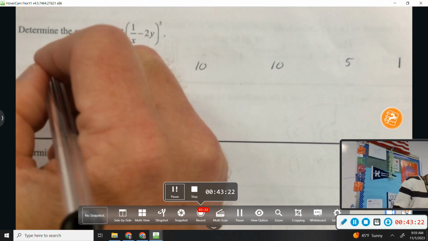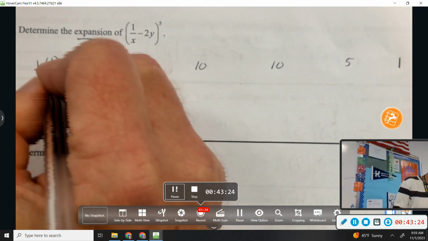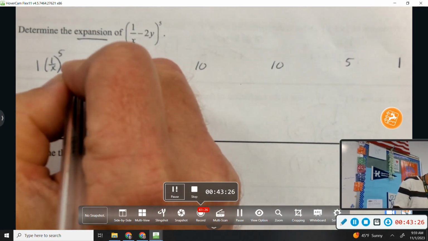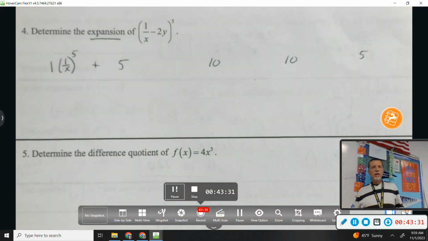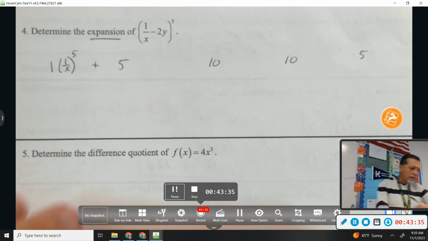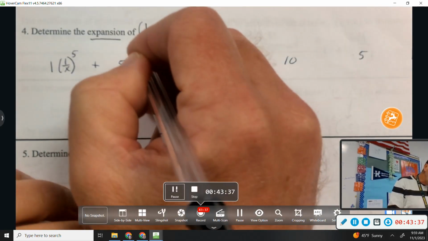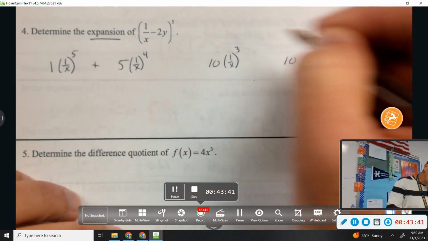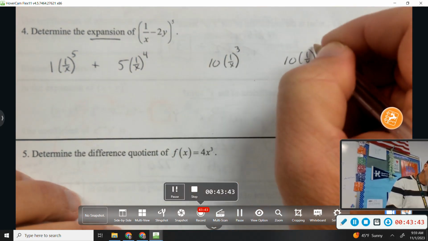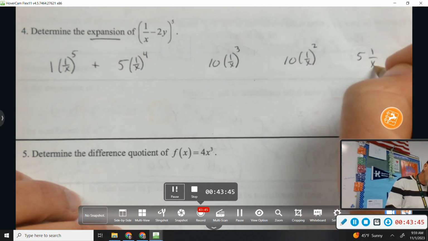The first term has the first term to the fifth and none of the second term. I like to fill them all in at once, though. So I'm going to take my first term and fill all of those in. 1 over x to the fourth, 1 over x to the third, 1 over x squared, 1 over x, and then nothing on that last term.